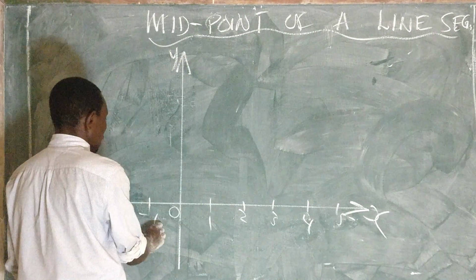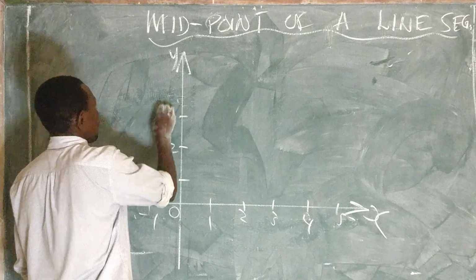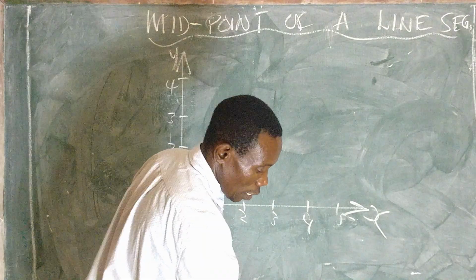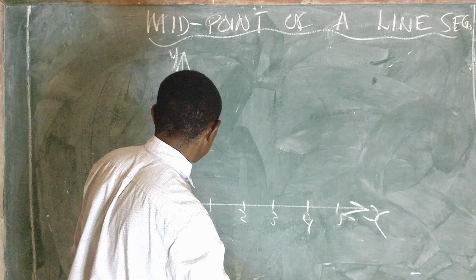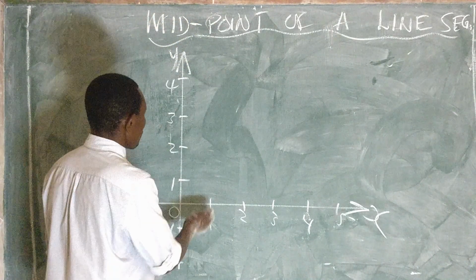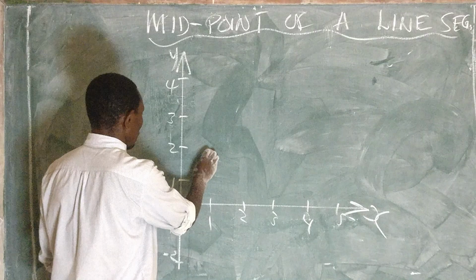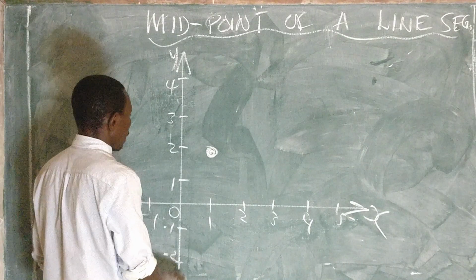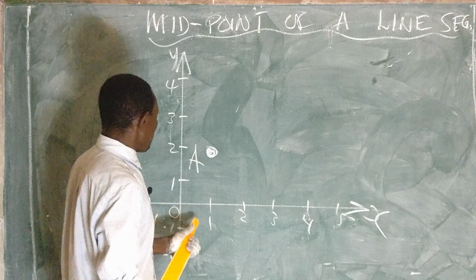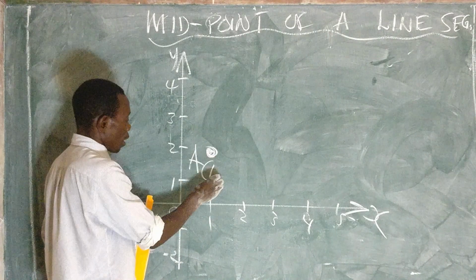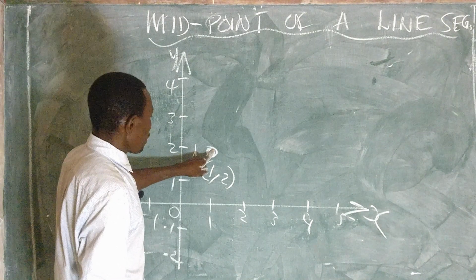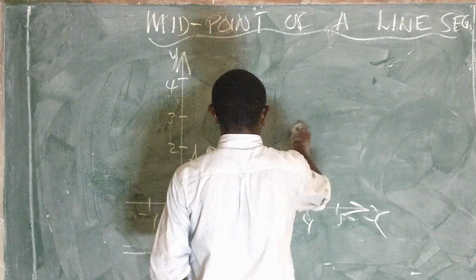This is the 0. -1, 1, 2, 3, 4. Here, -1, -2. And I have the first point here, this one. That is point A. This point is defined by x is 1, y is 2.